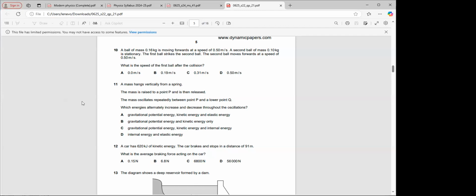11th one. A mass hangs vertically from a spring. The mass is raised to a point P and then it is released. So, which energy alternately increases and decreases throughout the oscillations? Yeah, it's a very easy question. Hold on.